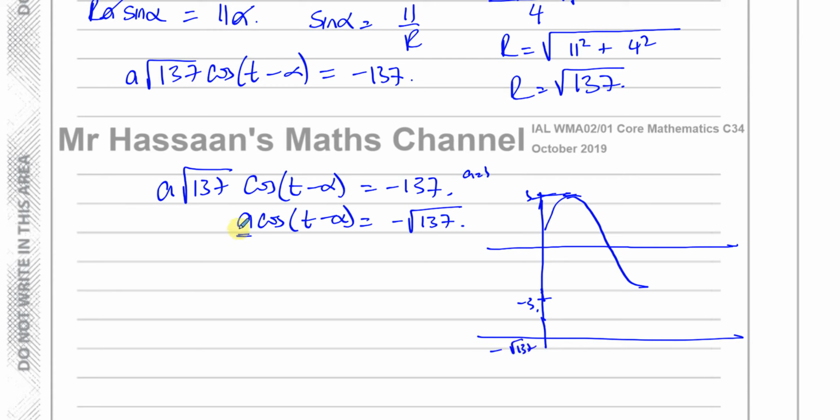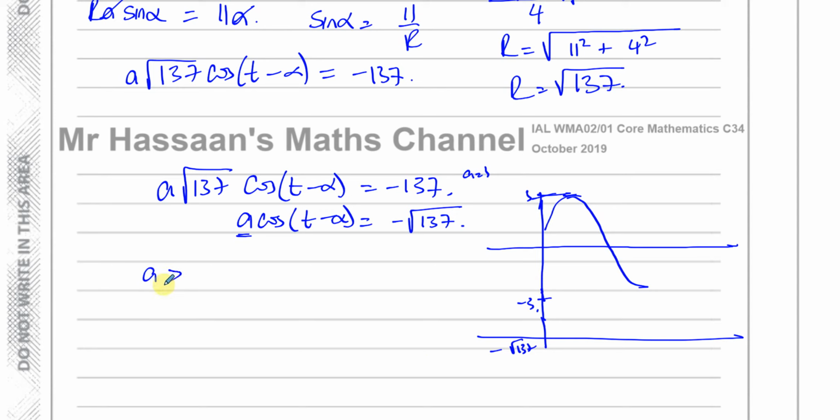That means the value of a has to be less than minus root 137, and also it has to be no, not less than, sorry, it has to be greater than. Because if a was less than minus root 137, it's going to get lower than that. So it's going to go even lower than this.